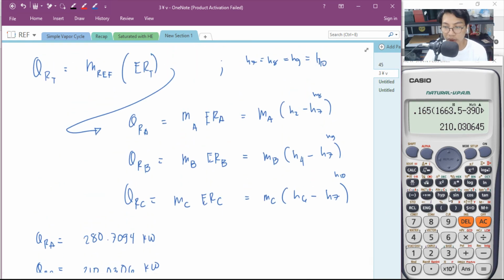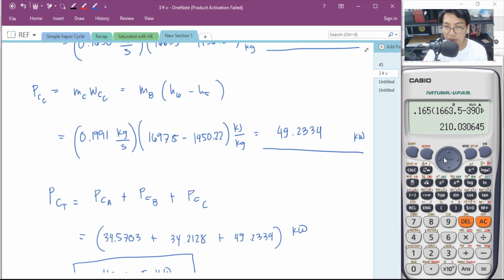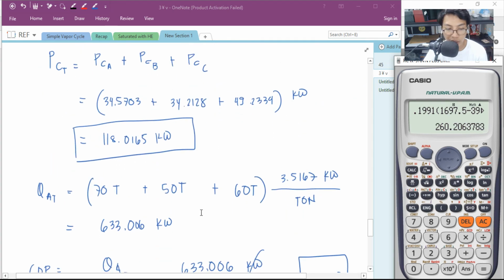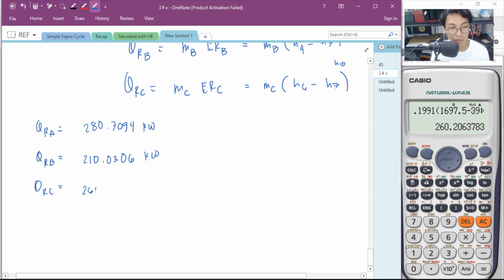O, yung MC naman, pabaguin natin, ano yun, 1697.5. Tapos, 0.1991, that is 260.2064 kilowatts. Okay. Nakuha na natin.